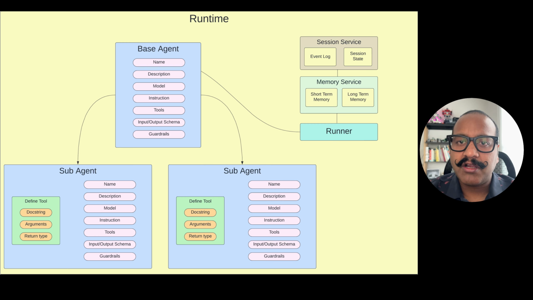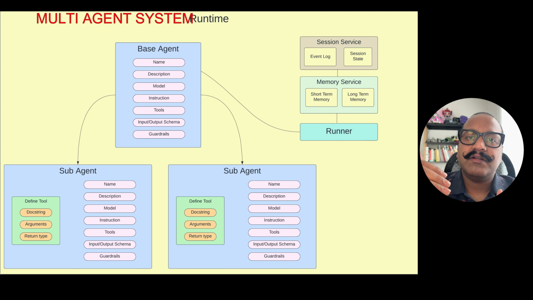I want to take a moment to explain coordination agents, sub-agents, etc. In a multi-agent system, you always need to have an agent that is coordinating other agents. You can either do it as a parent agent or base agent with sub-agents, or you could do it with these sub-agents being tools to the parent agent.